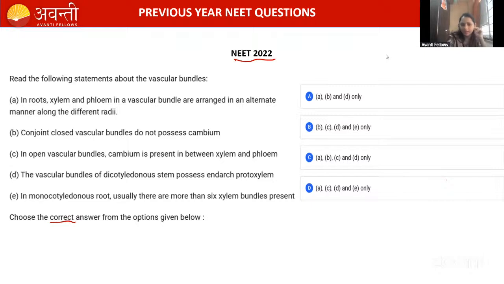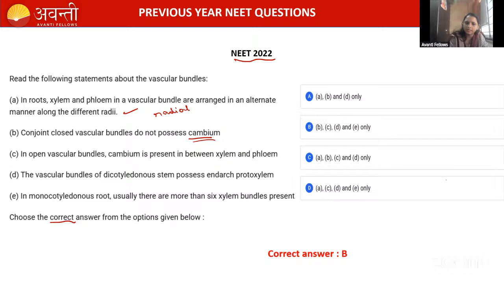Here is a twist, guys, for you all. What is the twist? All the options are correct actually. But in the exam, they gave option B as the correct answer, but all the statements here are correct. In the root, the phloem and xylem bundles are arranged in an alternate manner. That is correct. That is radial, right? Conjoined closed vascular bundles do not possess the cambium. That is correct.